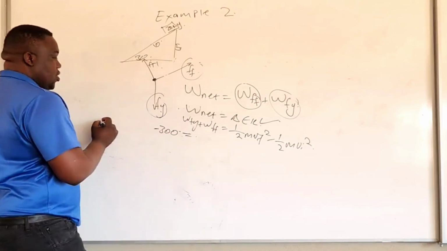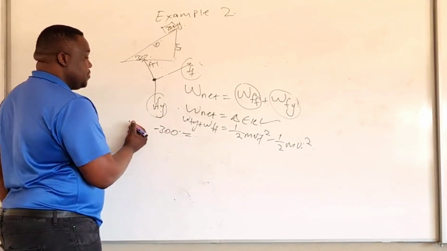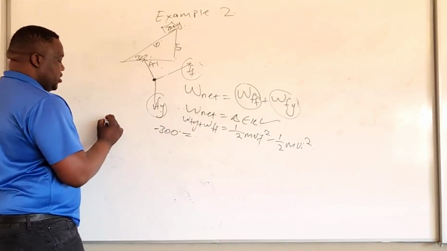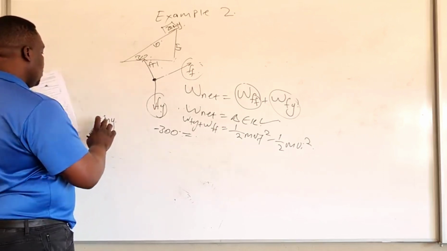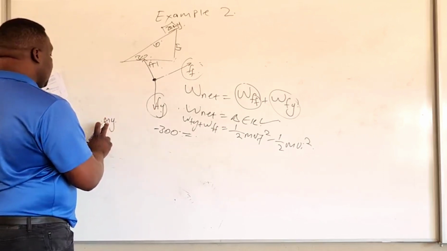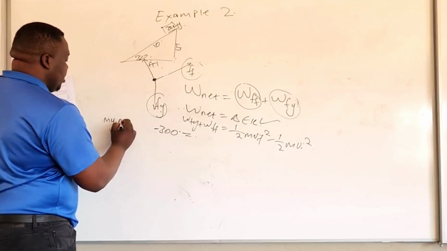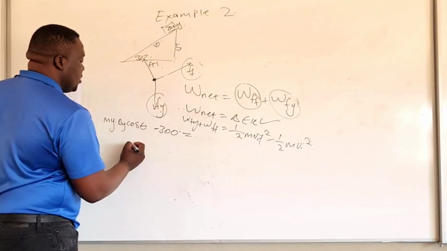Let us calculate work done by gravitational force, or we can calculate it on the side, or we can calculate it here. It depends. We're going to say mg, which is the magnitude of the mass and the gravitational acceleration, then we say delta y, then we say cos theta.